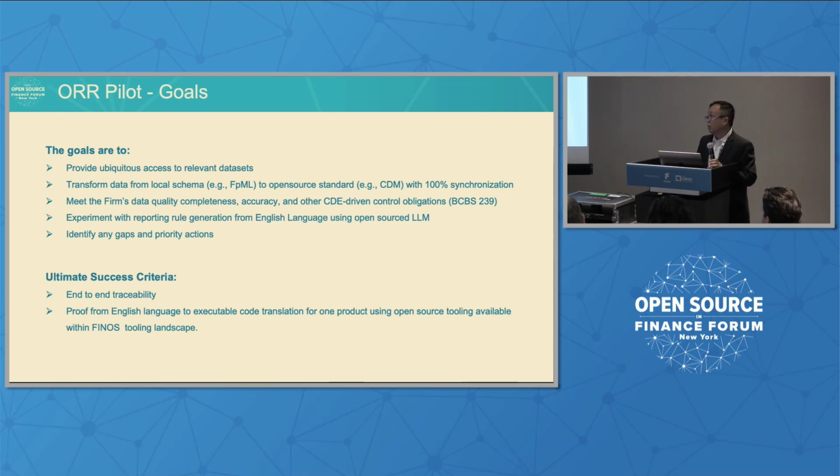Overall, the ultimate success criteria for this pilot is to provide end-to-end data traceability, and provide proof of English language translation into executable code using that FINOS open source tool.